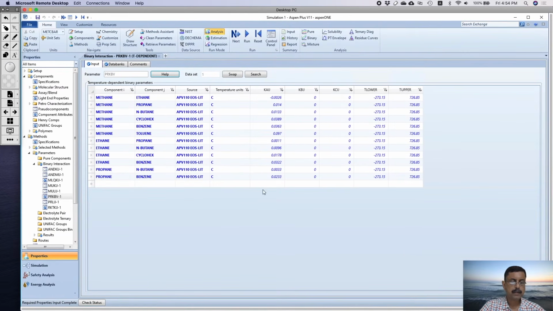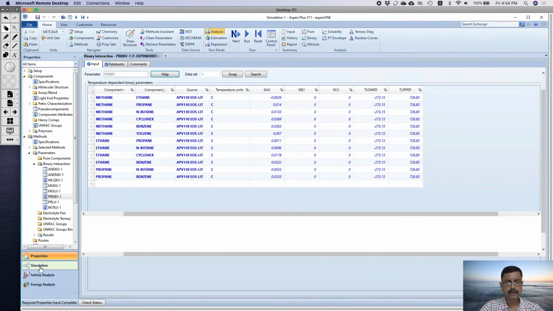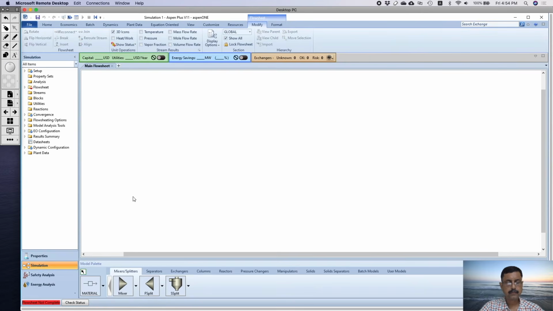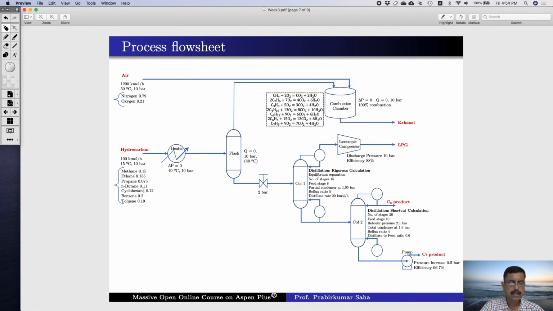Now these property methods are there. We have the property result. Now we have to go to the simulation environment. So we press simulation environment. It comes here. Now the first simulation, we have to add a heater.